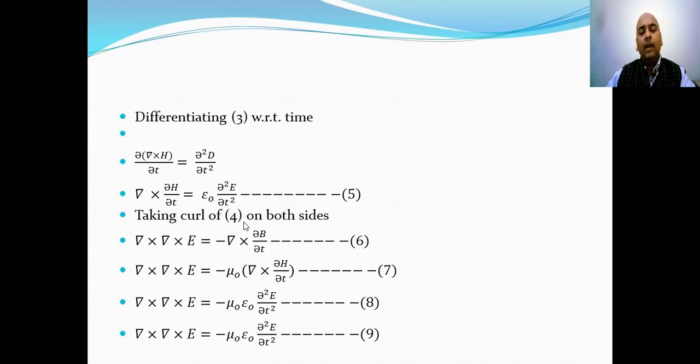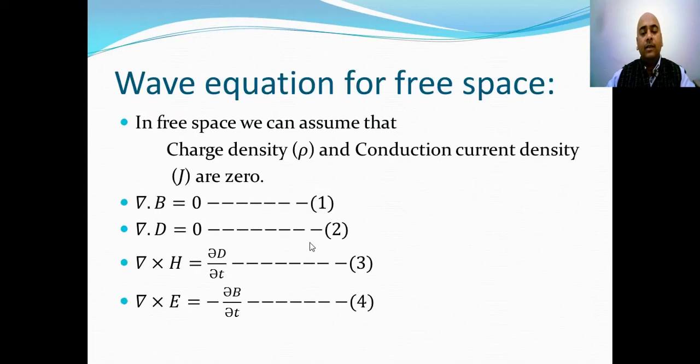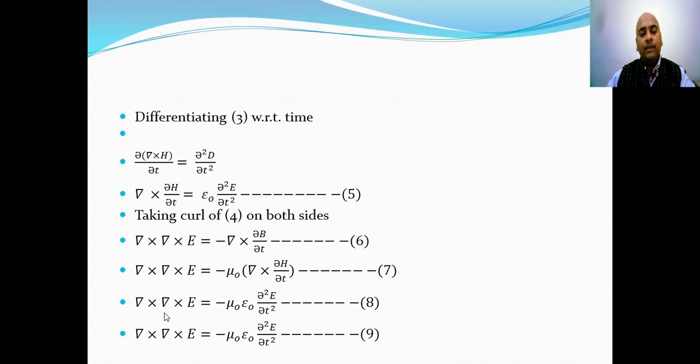Now taking curl of equation 4 on both sides, we can write that curl of curl of E is equal to minus curl of ∂B/∂t.